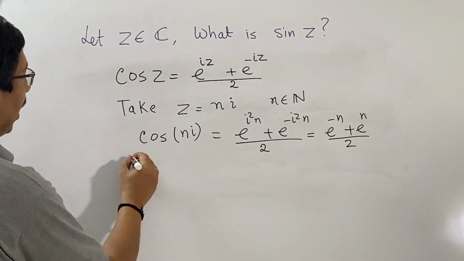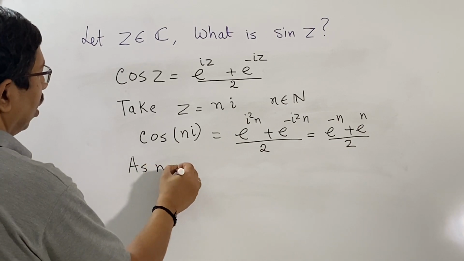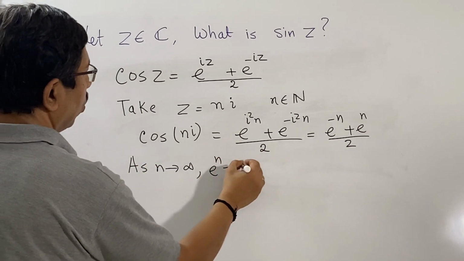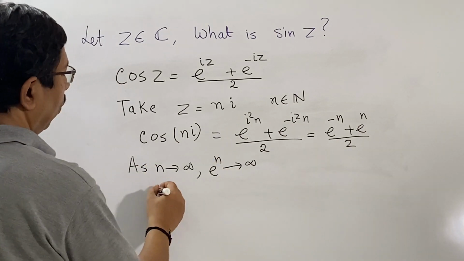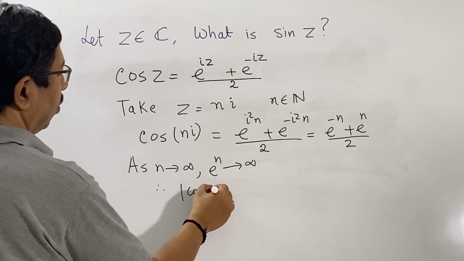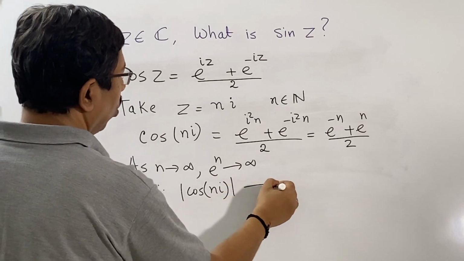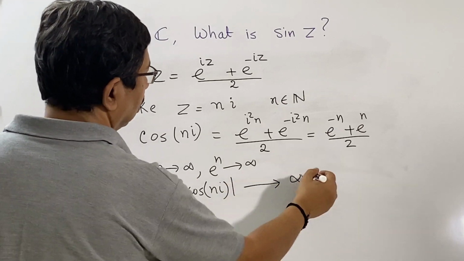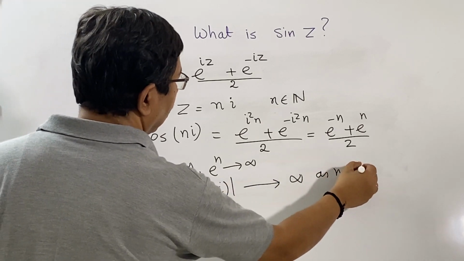We know that as n goes to infinity, e to the power n goes to infinity. So therefore, if you look at mod of cos ni, that goes to infinity as n goes to infinity.